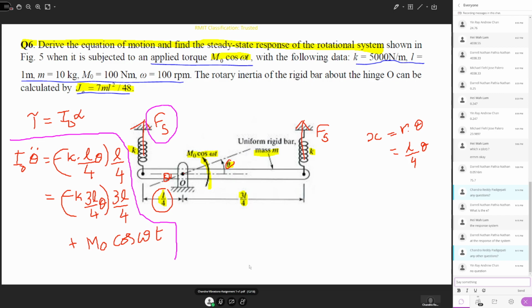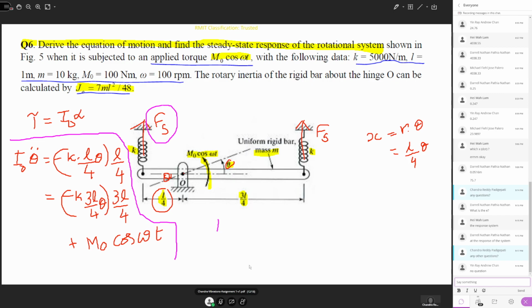Then plus the external torque acting on the system, M naught cos omega t. Now if you simplify this, you will get the equation of motion. So this one becomes K L square theta by 16.